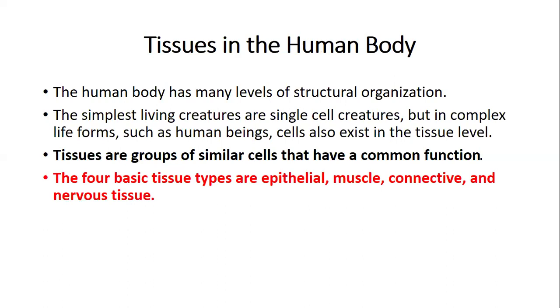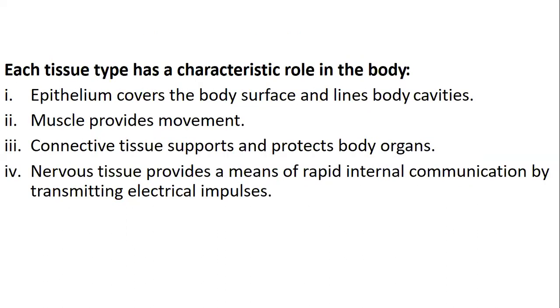There are four basic tissues: epithelial tissue, muscle tissue, connective tissue, and nervous tissue. These are the four basic tissues contained in the human body.